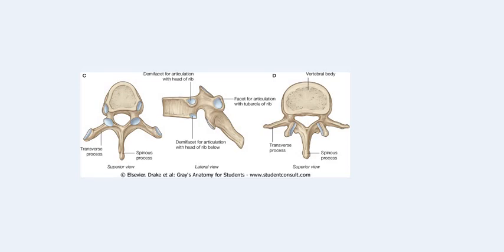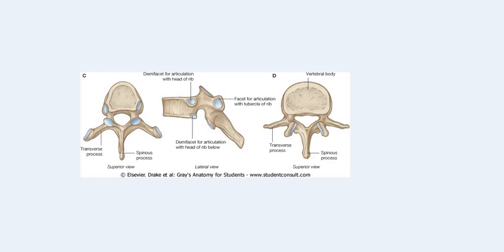This superior costal demifacet is larger than the inferior costal demifacet, and this superior costal demifacet articulates with the head of the corresponding rib, while the lower or inferior costal demifacet articulates with the head of the rib which is below.